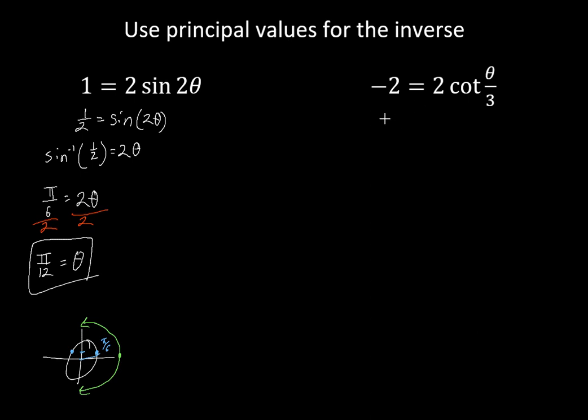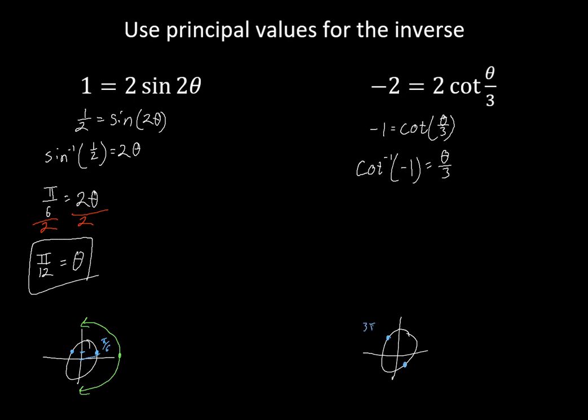Moving on to the very last problem, dividing both sides by 2, -1 is equal to cotangent of theta over 3. Taking the inverse cotangent of both sides, we're asking ourselves, when does cotangent equal -1? Well, just like before, we figured it out.